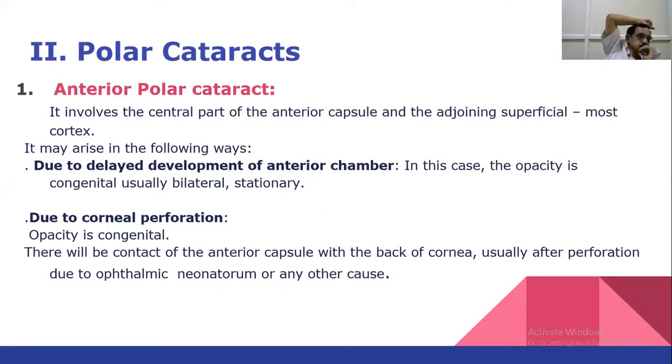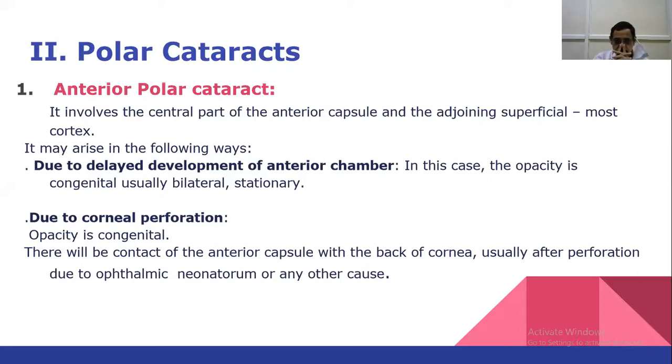Polar cataracts include anterior polar cataracts and posterior polar cataracts. Anterior polar cataracts involve the central part of the anterior capsule and adjoining superficial-most cortex. It may arise in the following ways. Due to delayed development of the anterior chamber, in this case the opacity is congenital, usually bilateral and stationary.